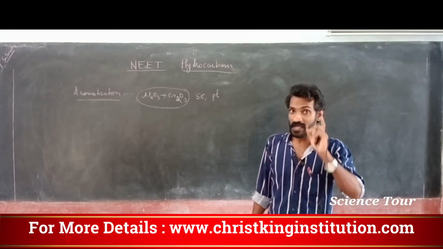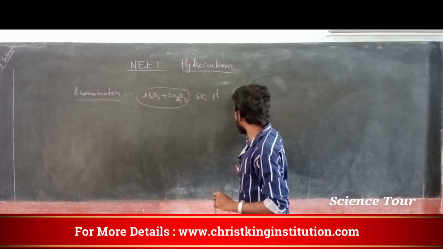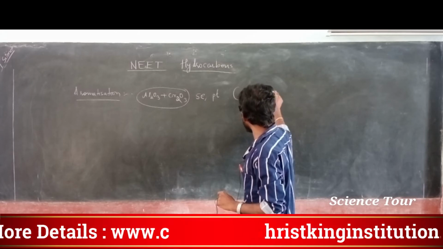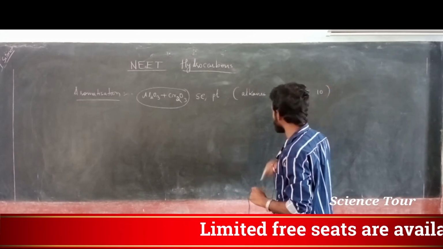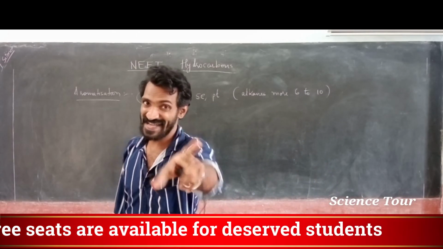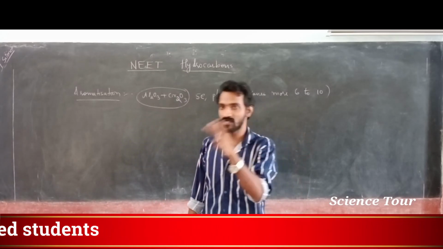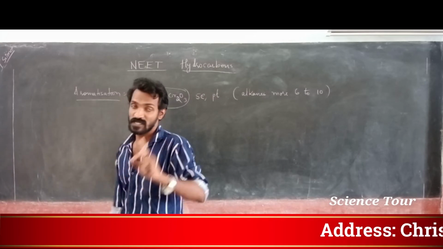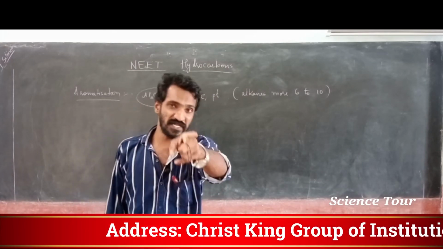For example, this aromatization takes place only if the alkane contains 6 to 10 carbons, hexane to decane. My dear students, these are very, very important, please note them down.